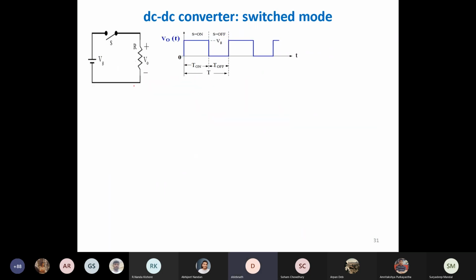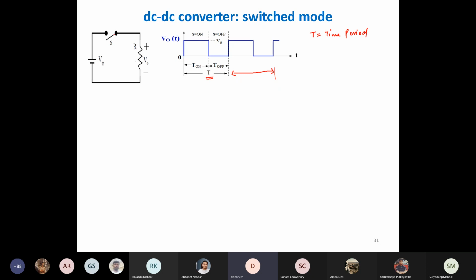We'll assume a time period T. Please pay attention, this is very important. We'll follow the same thing repeatedly. That's why T is the time period. In this time period, there is some time when I'm turning on the switch S and some time when the switch is off.